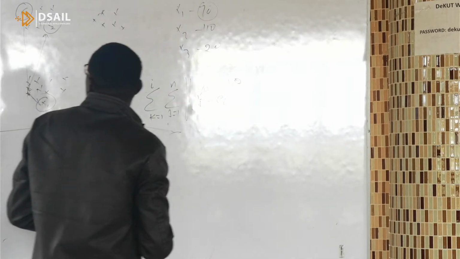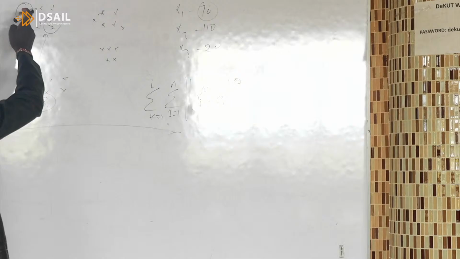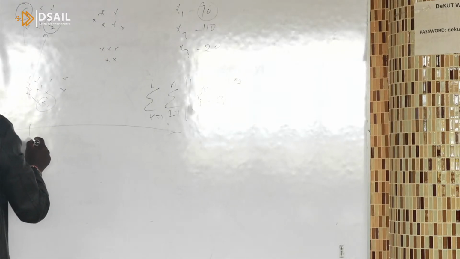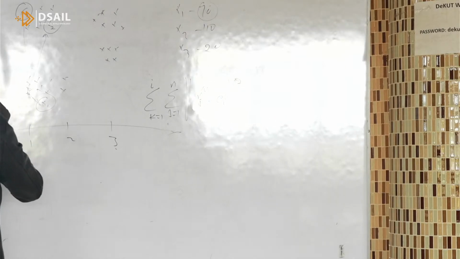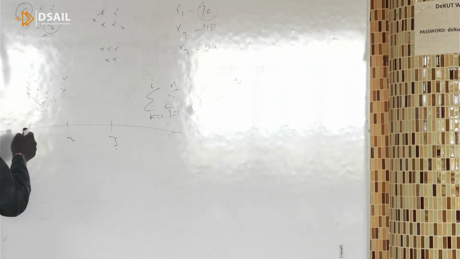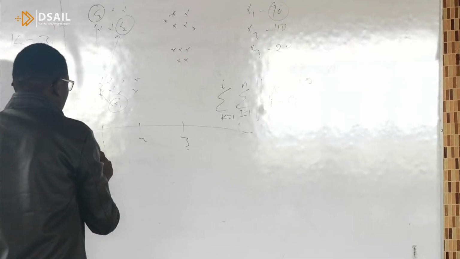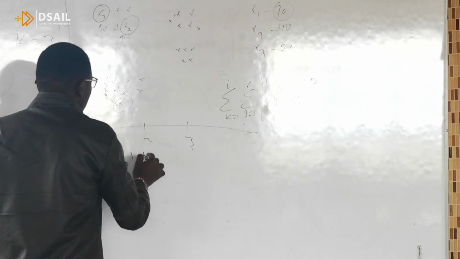So for instance, let's say x3's initial center was at 1, 1.